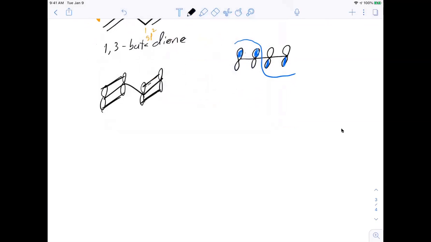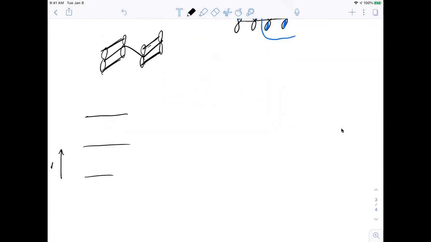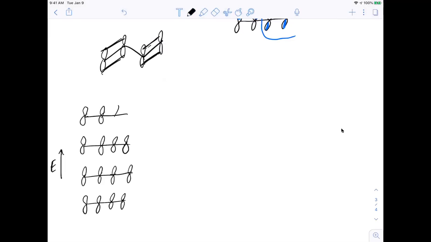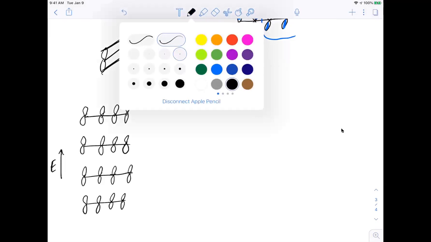So what I'm going to do is show my p orbitals, and I'm going to do it by energy here. And I'm going to start by just showing, and as we increase in energy, what we want to do is increase in nodes.